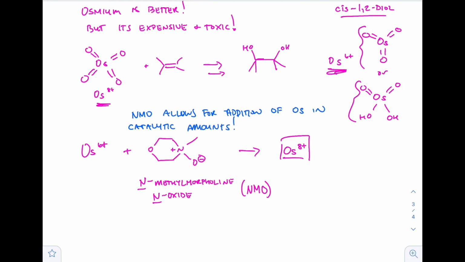NMO allows for the addition of osmium in catalytic amounts, and this will allow you to save money and the planet. Let's say you had 1 mole of alkene. You no longer need 1 mole of osmium.